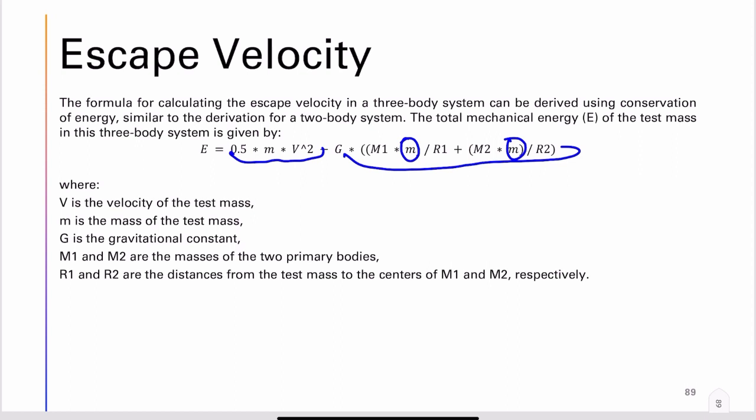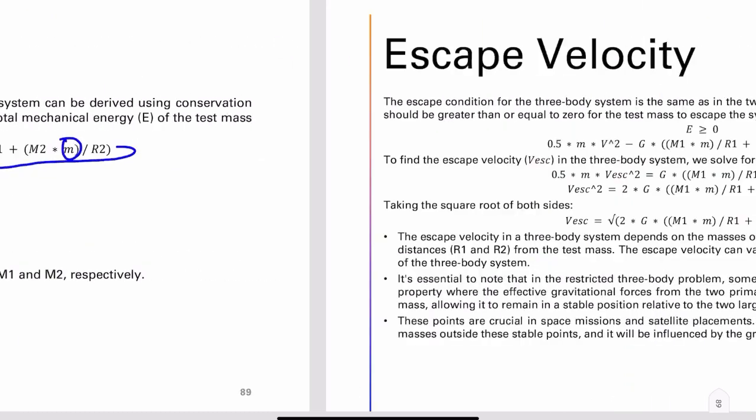So that is the gravitational effect of the first body plus the gravitational effect of the second body: G m1 m divided by r1 plus G m2 m divided by r2. G has been taken out as common, so we have this expression. v is the velocity of the test mass, m is the mass of the test mass, G is the gravitational constant, m1 and m2 are the masses of the two primary bodies, and r1 and r2 are the distances from the test mass to the centers of m1 and m2 respectively.